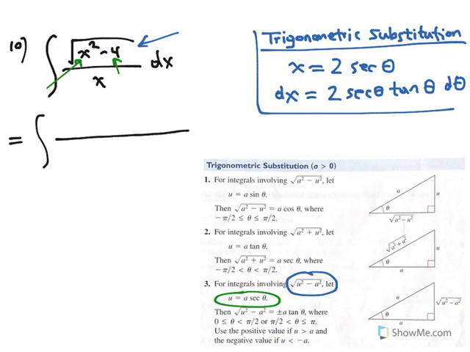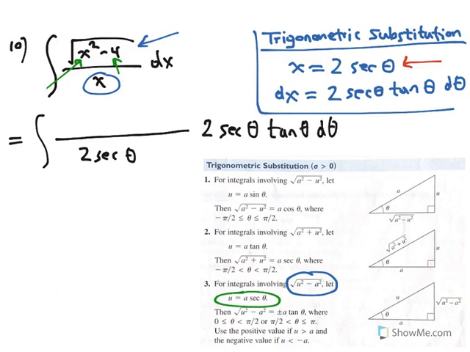You can replace the x in the denominator with 2 times secant theta. So we will have in the denominator 2 times secant theta. And then we will replace dx with 2 times secant theta times tangent theta d theta.